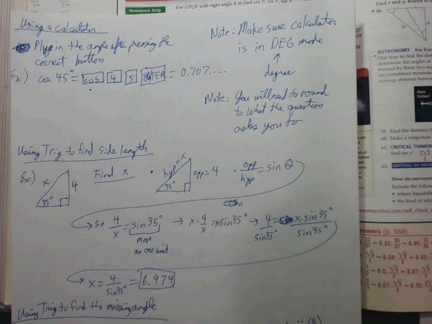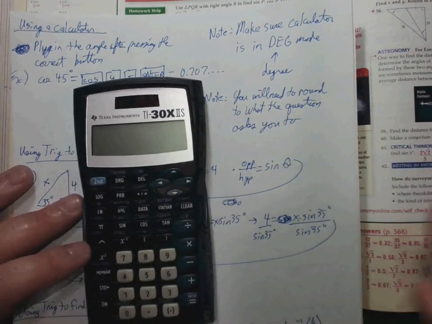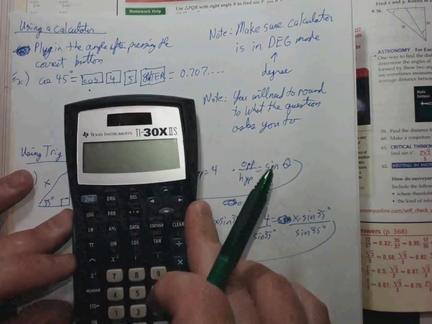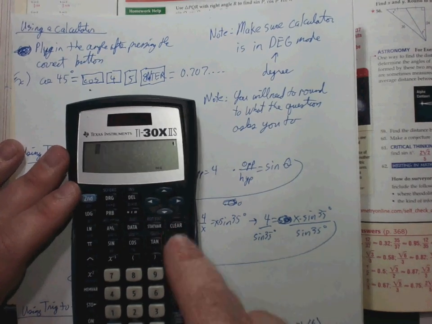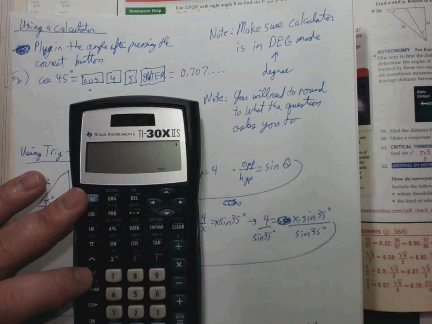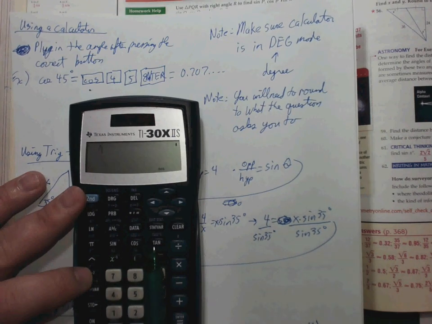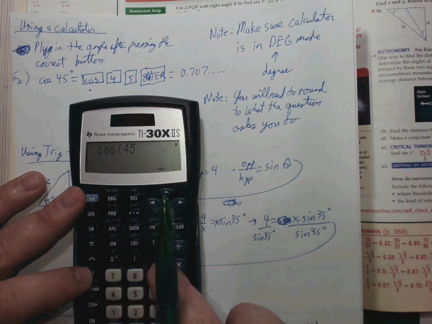This is one of those calculators I have from the classroom. If that's what you have, you can do it on this, that's fine. So I want to do cosine of 45 degrees. Sine, cosine, tangent, that's what we're going to use. So it's cosine of 45.